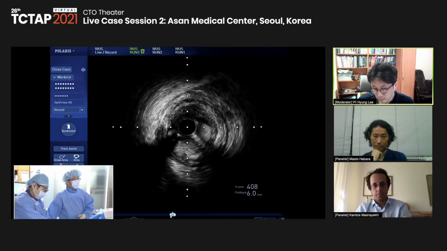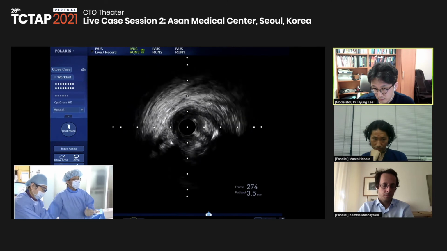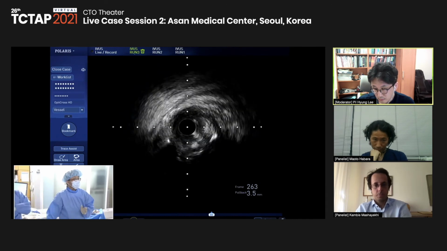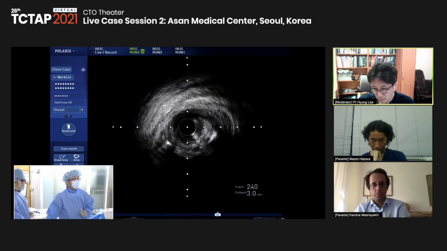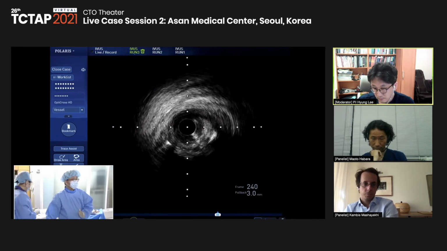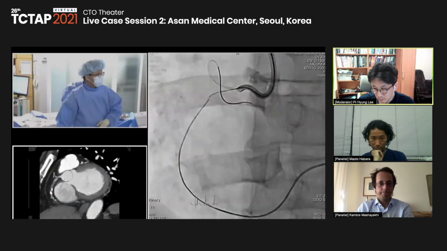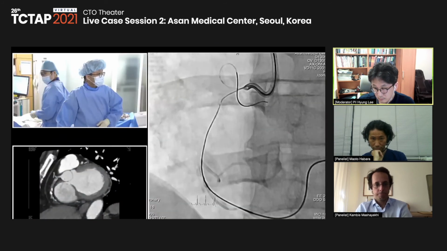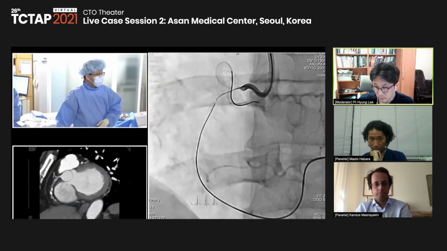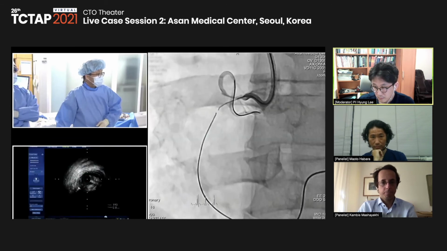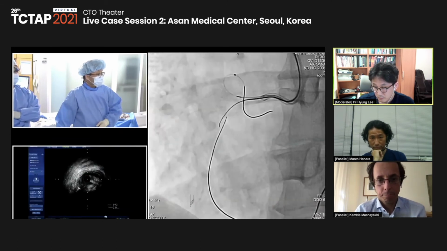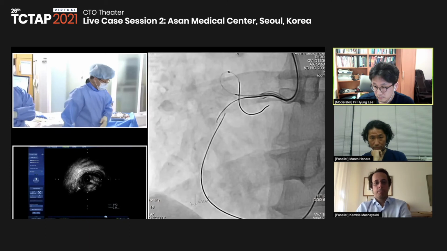I'm not sure whether it's in the right position, but at least it's in the RCA, and it doesn't look very unfavorable. So I kept my wire in this position. I'm going to try the antegrade wire, at least for the reverse CART, or if I'm lucky, antegrade wiring. So this is my position right now.